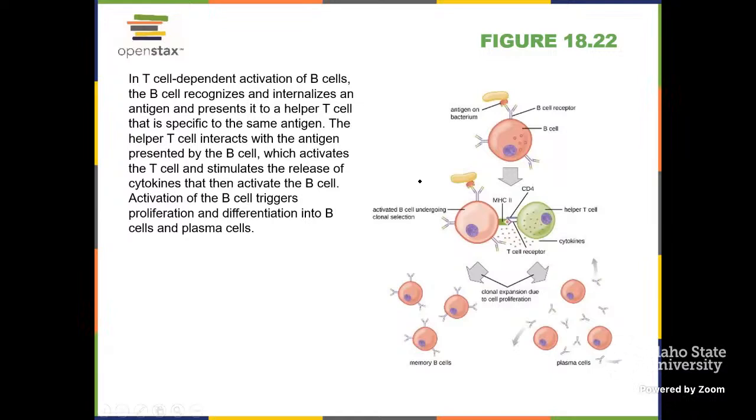So this activity is T cell dependent, all right? We've got our little green guy over here, a T helper cell, and it's going to do some communicating. So in this circumstance, we've got a B cell. It's linked up with this bacterium, with its respective antigen on that bacterium, and it is going to do a little show and tell on this MHC2 molecule.